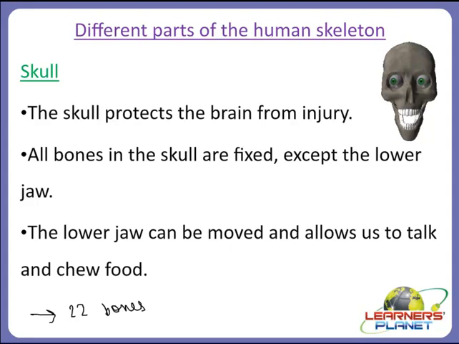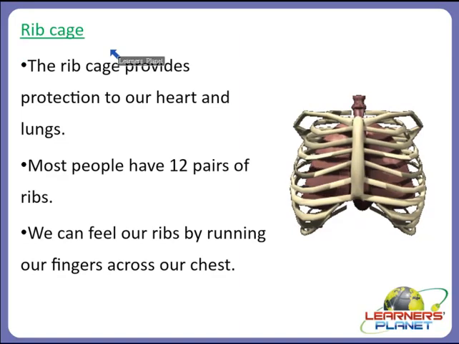Now let us move on to the next main part of the human skeleton. Yes, the ribcage. Students, the ribcage provides protection to our heart and lungs, and most people have 12 pairs of ribs.